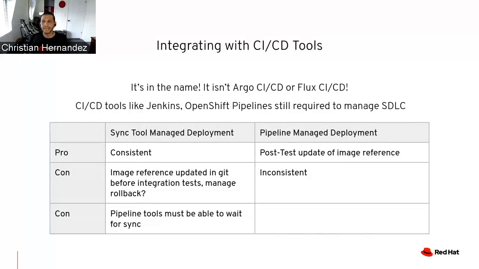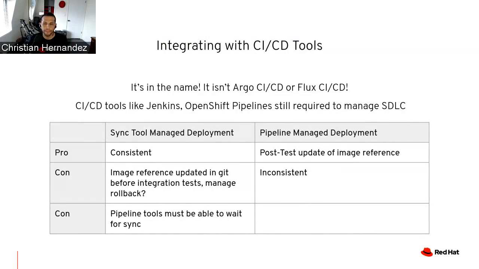So what about your current CI/CD? For those of you who are saying, well, I'm using Jenkins now or Cloudbees. It's in the name: it's not Argo CI/CD, it's not Flux CI/CD. It's Argo CD, it's Flux CD. So Argo CD and these tools aren't meant to replace your CI tooling. They're meant to be integrated with them.